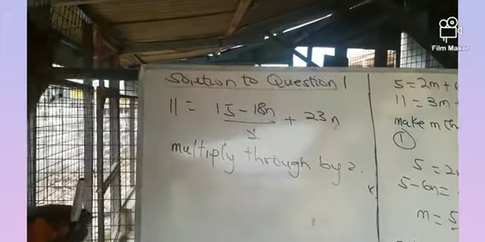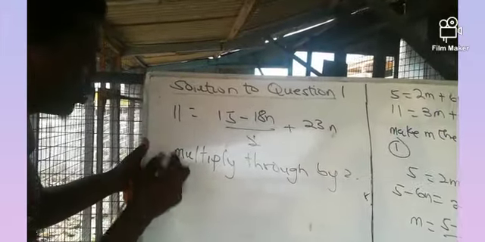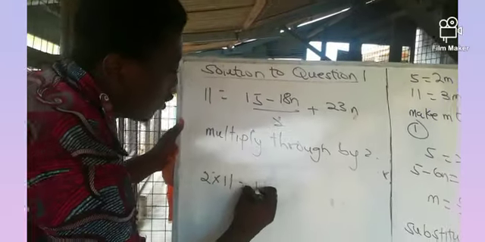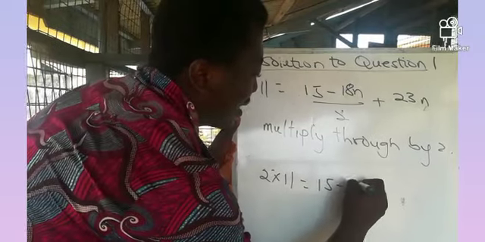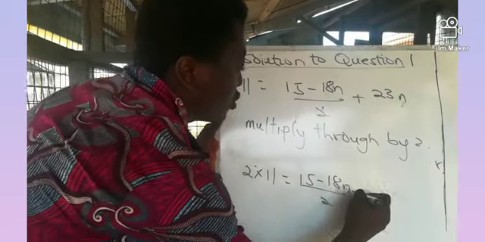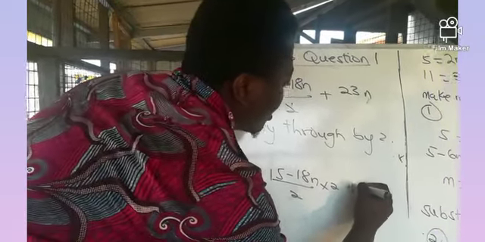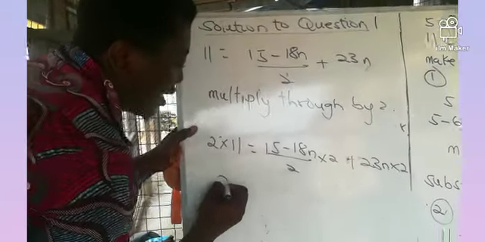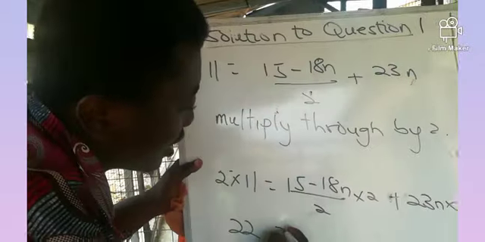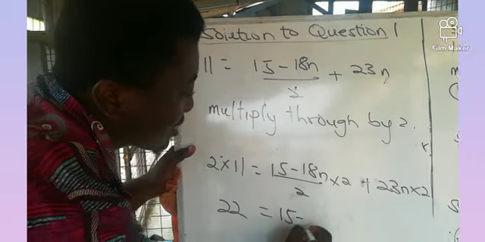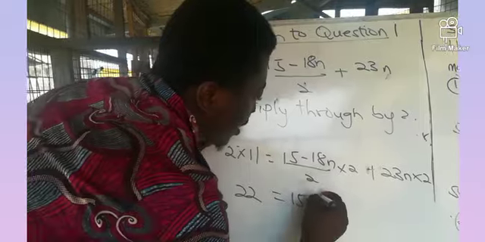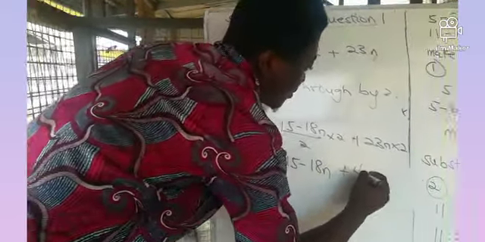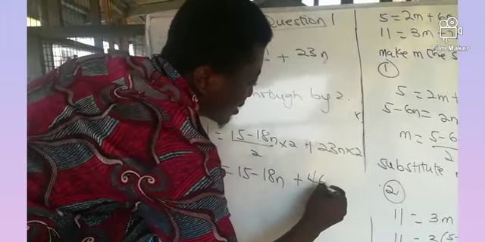If you are multiplying by 2, you are going to get 2 times 11 is equal to 15 minus 18n all divided by 2 times 2 plus 23n times 2. This is going to give us 22 is equal to 15 minus 18n plus 46n.